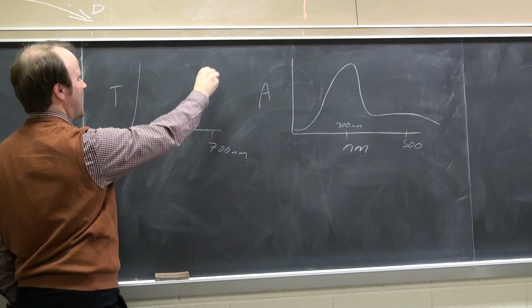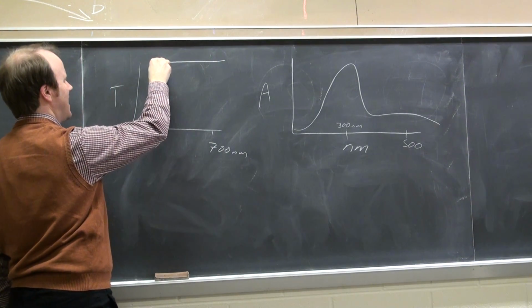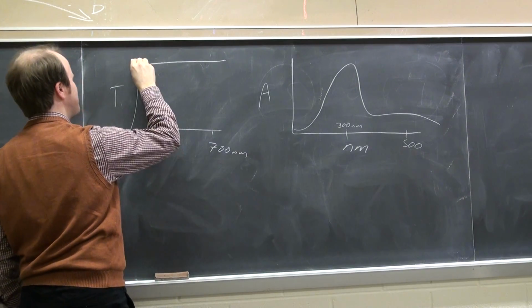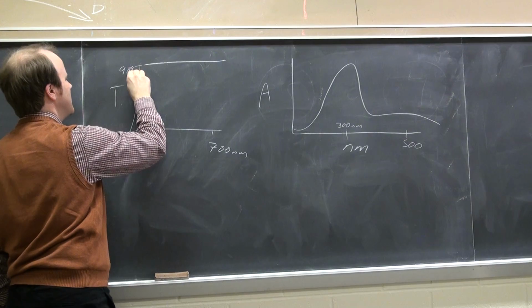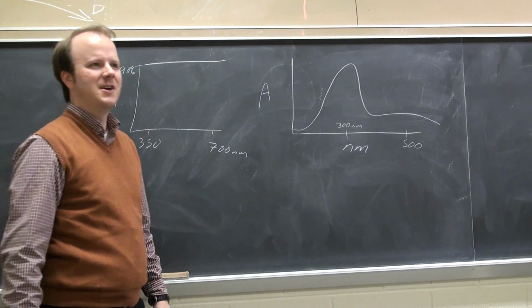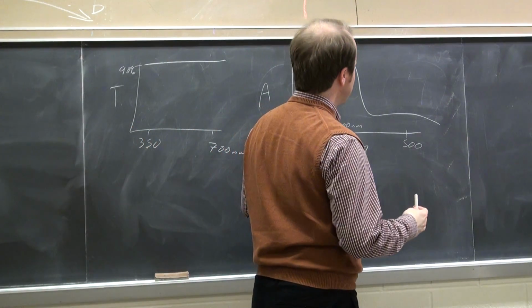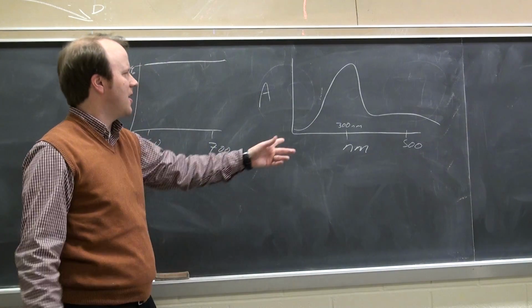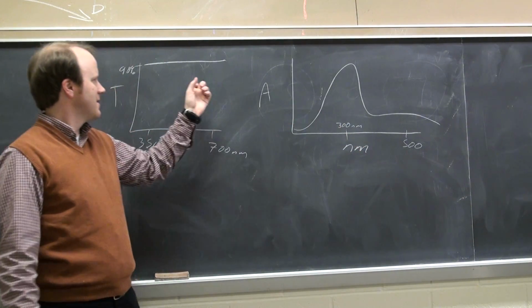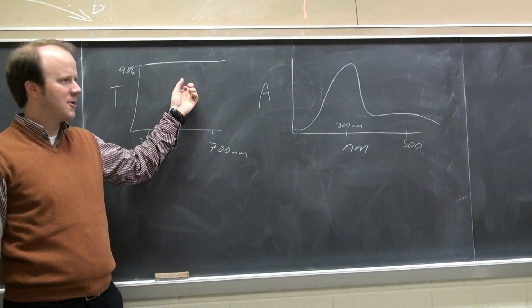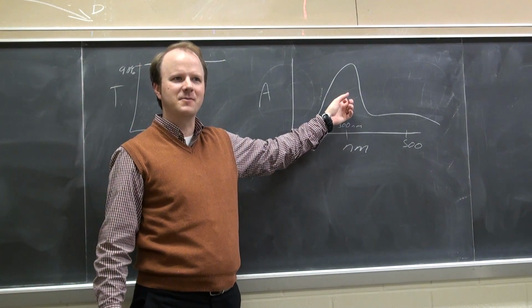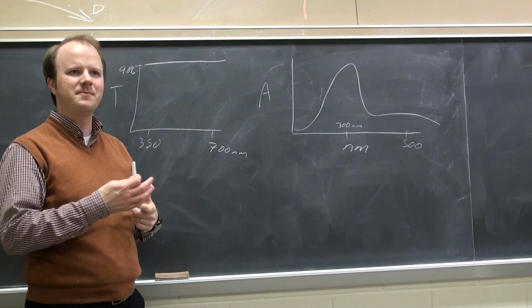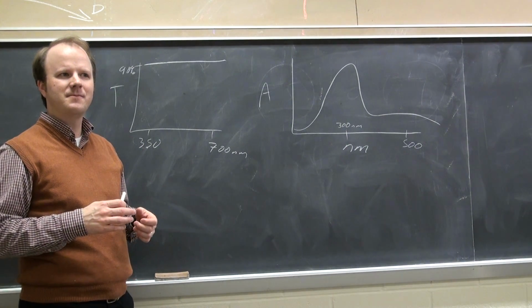Transmission spectrum of glass, high transmission, right? In the visible region. 90. So the point about the spectroscopy, so what causes high transmission, or what causes absorbance in these different molecules? Does anyone know? Refractivities?